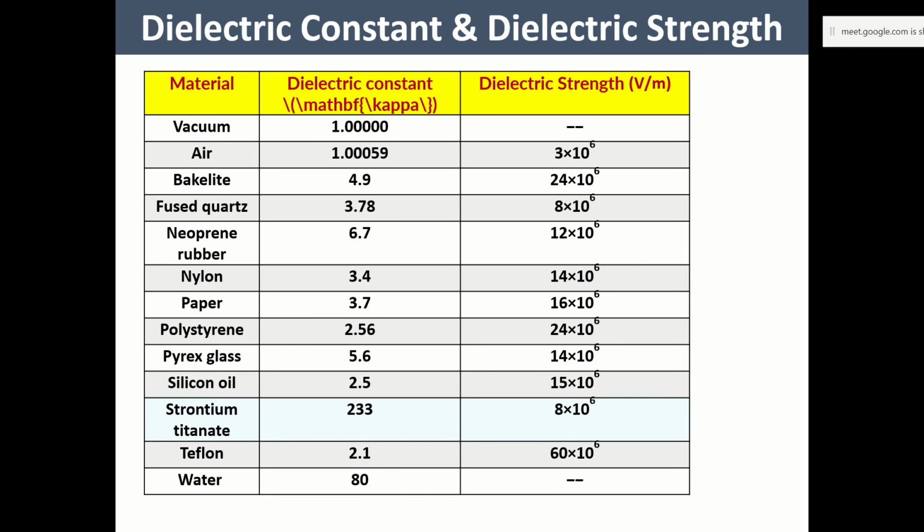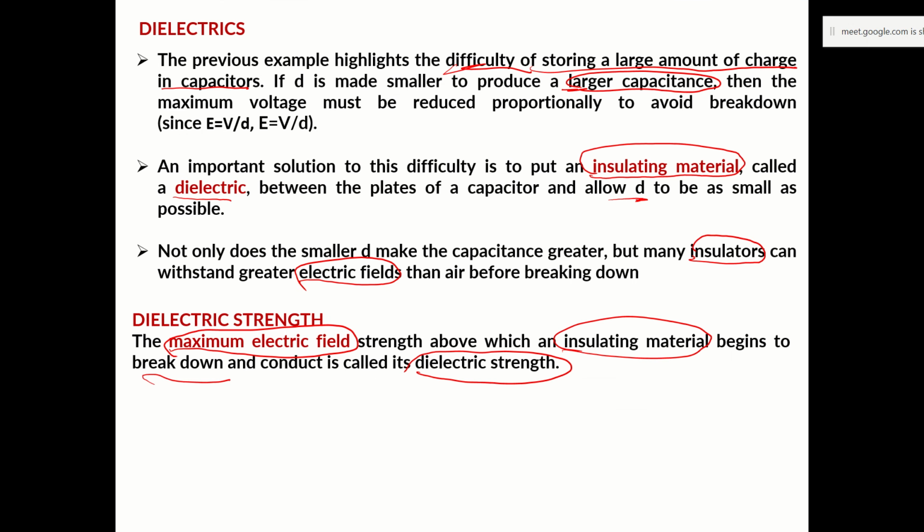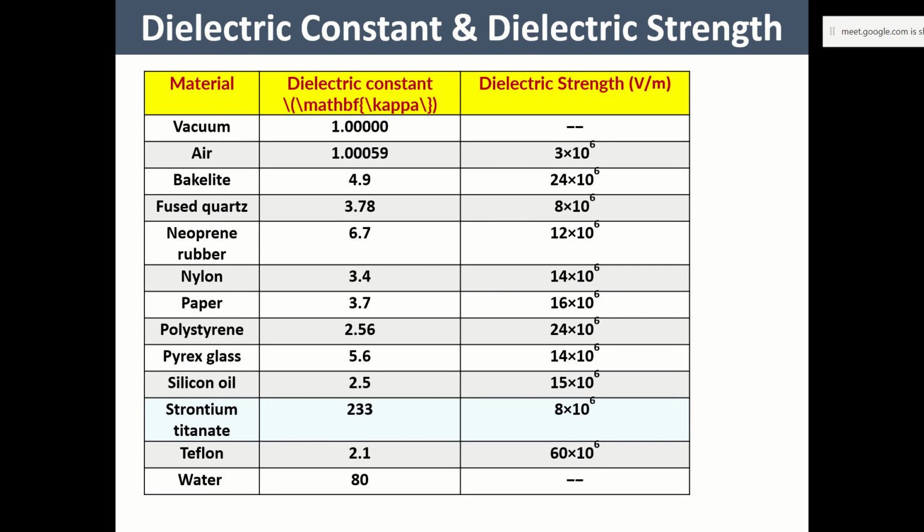If you look at a few points here, there are different types of dielectric or insulating material to be placed within the capacitor. Vacuum, for reference, we take as 1. Air is very close to this. If you have air between two plates, what is the maximum electric field you can apply before the air becomes conducting?